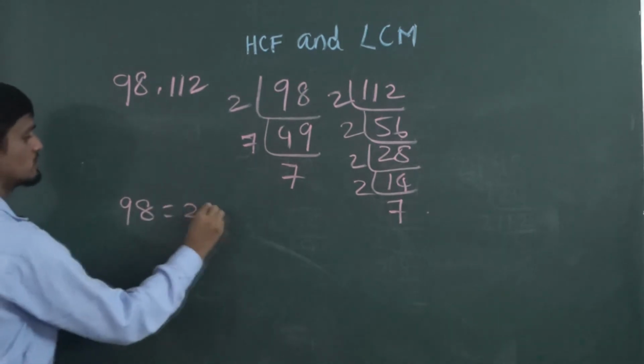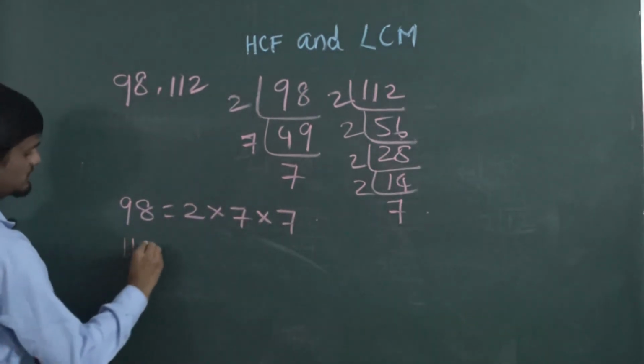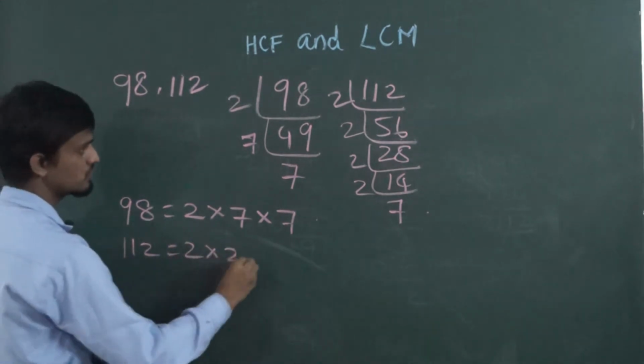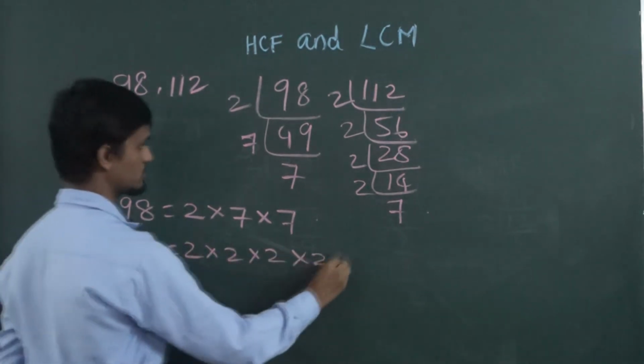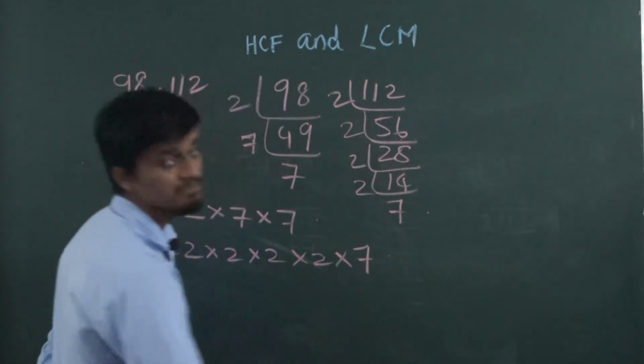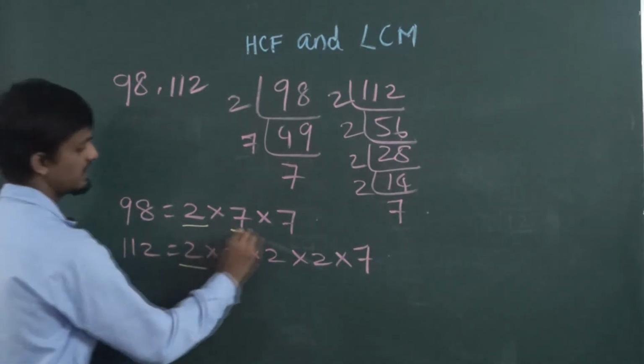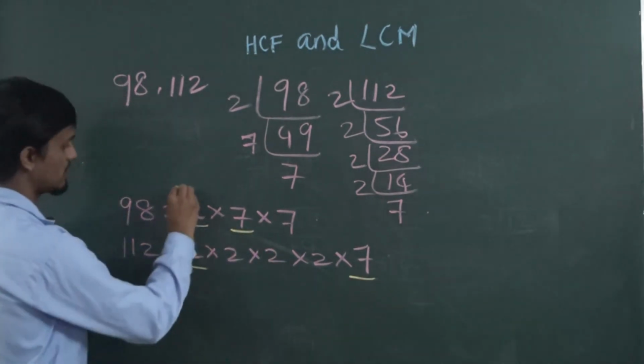98 is equal to 2 into 7 into 7. Next, 112 is 2 into 2 into 2 into 2 into 7. Now you see, what are the common prime factors here? 2 and 7, that's all.